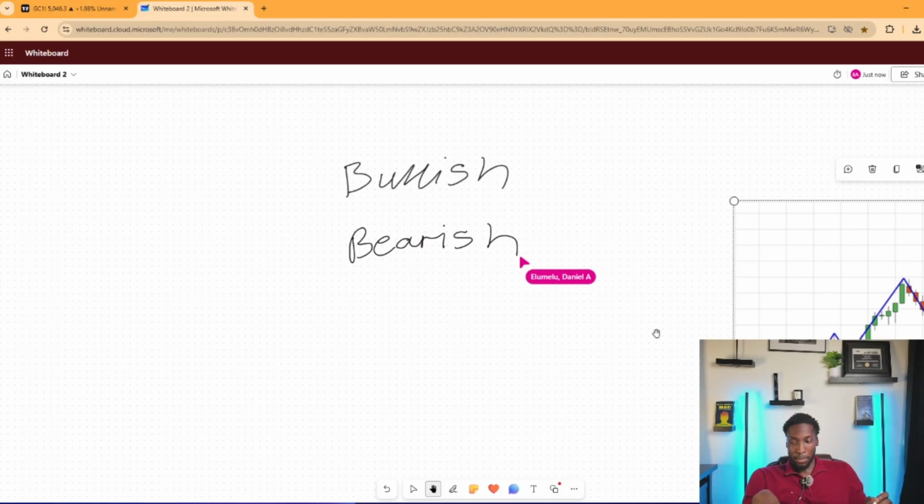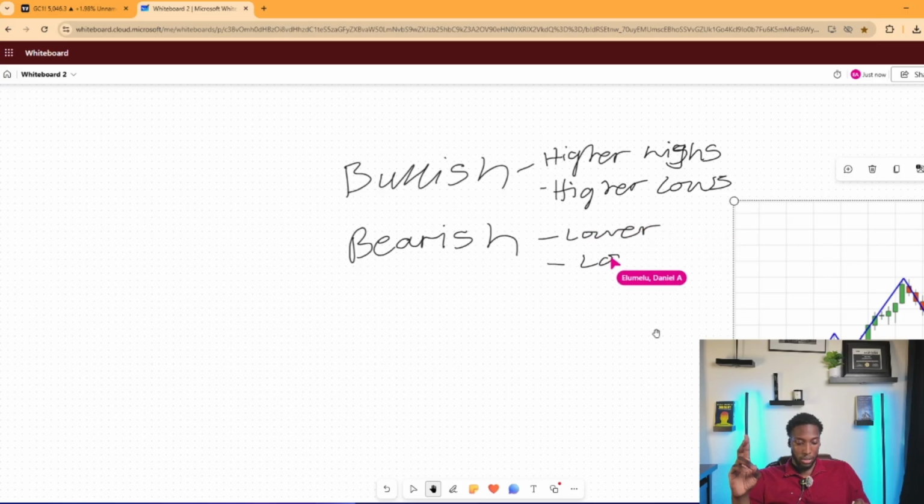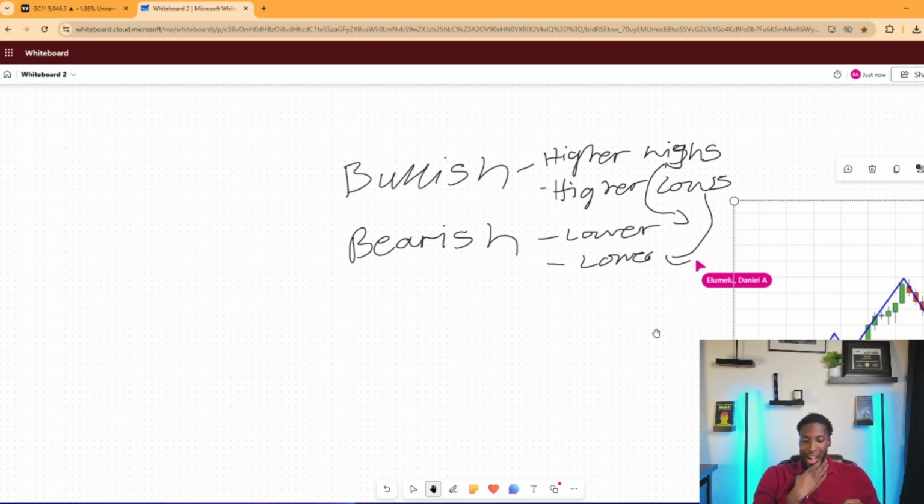A bullish trend is made up of one thing: higher highs, two things actually, and higher lows. A bearish trend is made up of the opposite: lower highs and lower lows. Higher highs, higher lows, lower highs, lower lows.